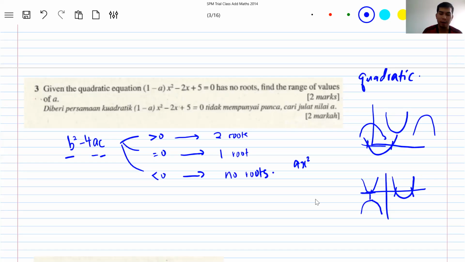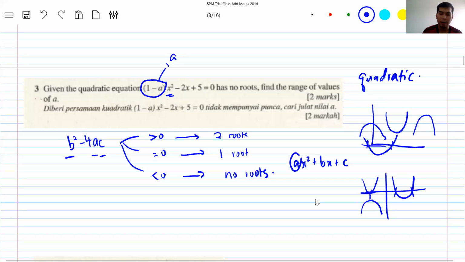The number, the coefficient, we call it, the number that sits next to the unknown x squared, that would be a, all right? And in this case, the number that sits next to x squared is 1 minus a. So that is your a. The number that sits next to x is b, and the number with no x, that is c.